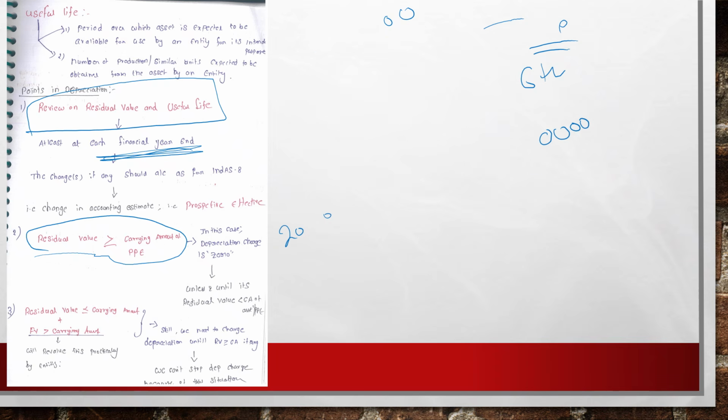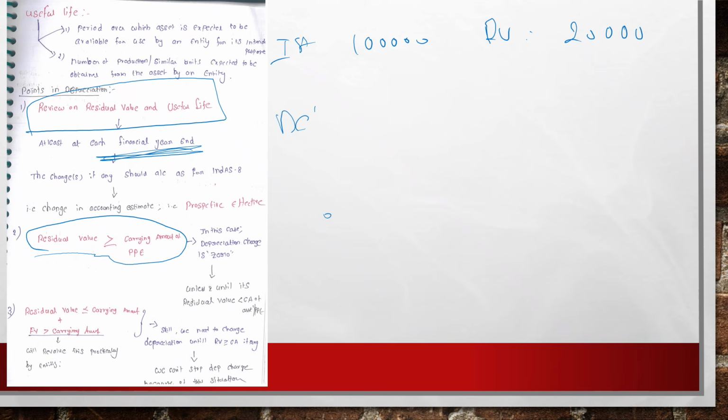In the first year you acquired the asset for 1 lakh, and you assumed the residual value is 20,000. You should calculate depreciation for each year. Suppose you follow the SLM basis: first year, second year, third year, fourth year, fifth year, like this.